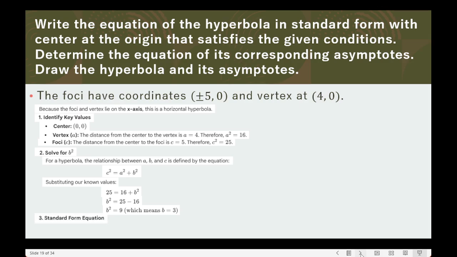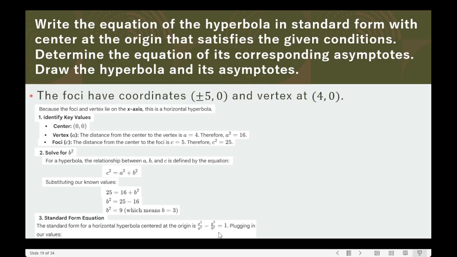And with that, since we already know the key values, which are the values of a, b, and c, we can now formulate the equation of the hyperbola using this standard form: x squared over a squared minus y squared over b squared equals 1.